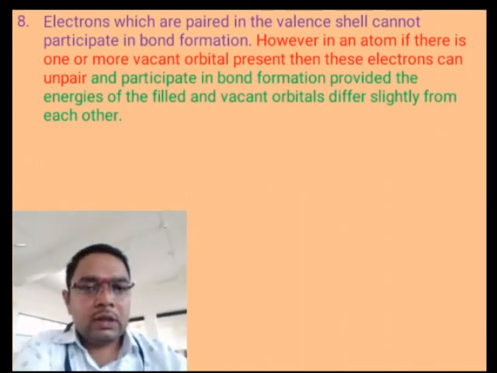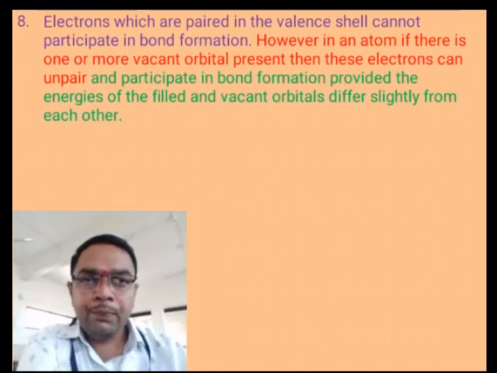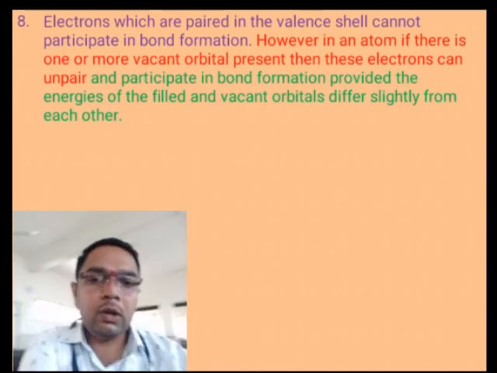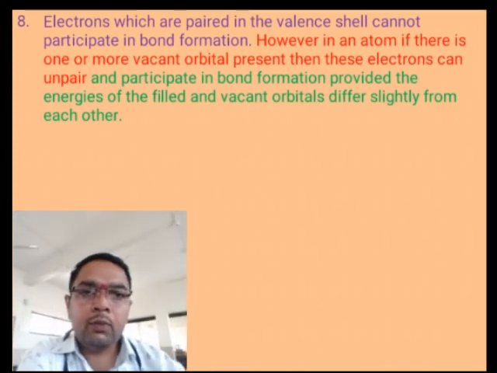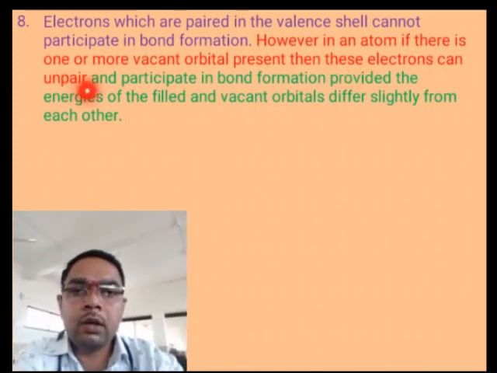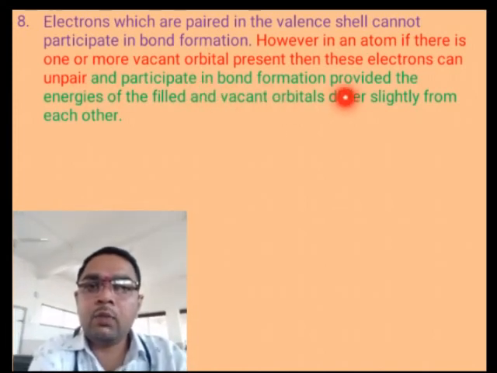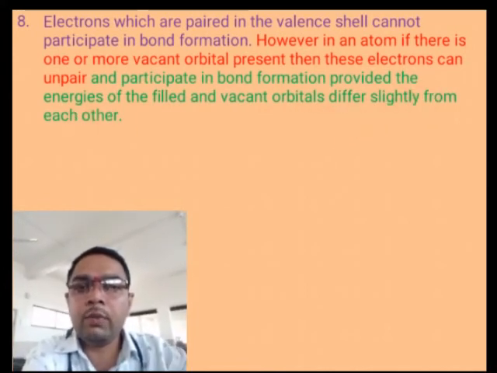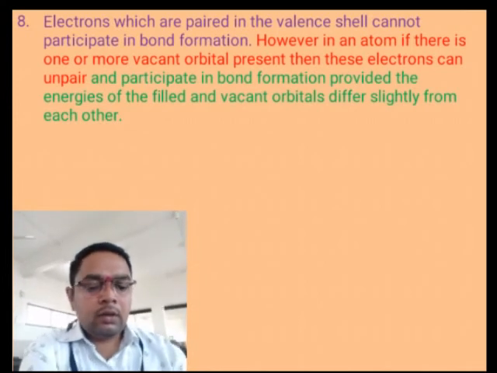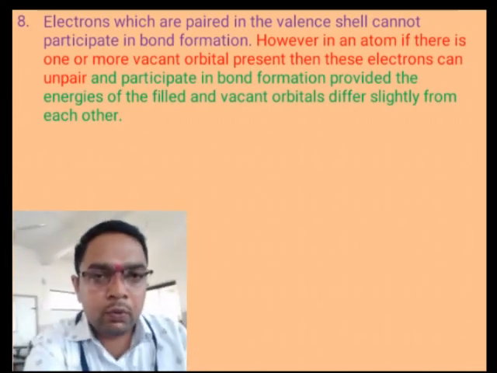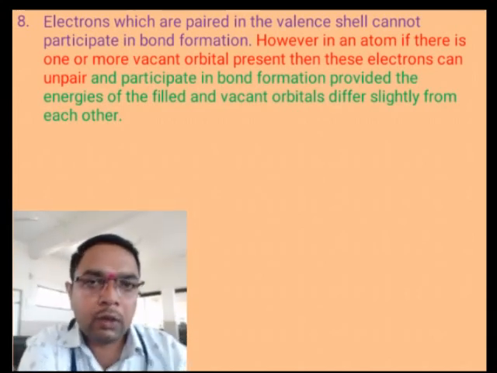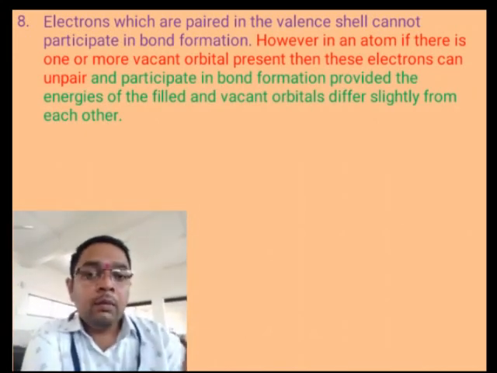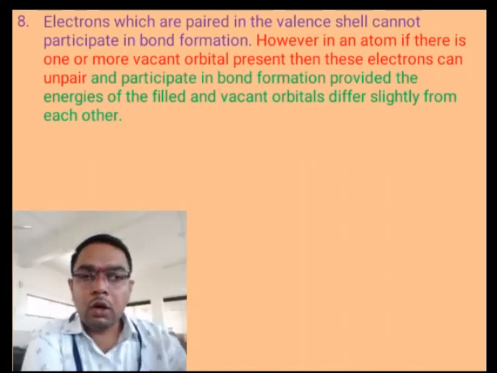That is, lone pairs of electrons cannot participate in bond formation, but if vacant higher orbitals are present, electrons are promoted from the lower energy orbital to the higher energy orbital, giving an unpaired state, and they participate in bond formation, provided the energies of the filled and vacant orbitals differ only slightly.